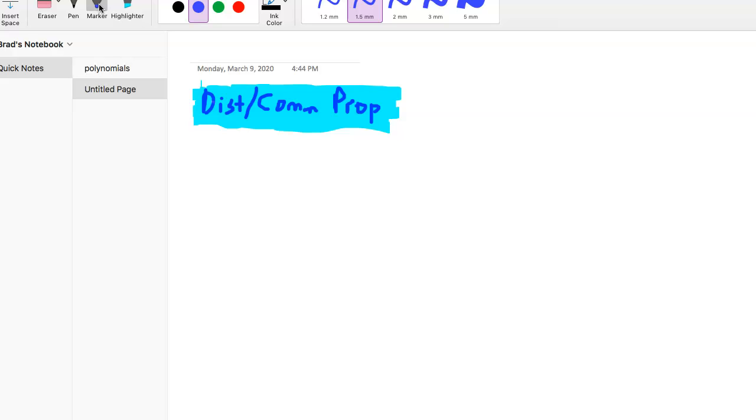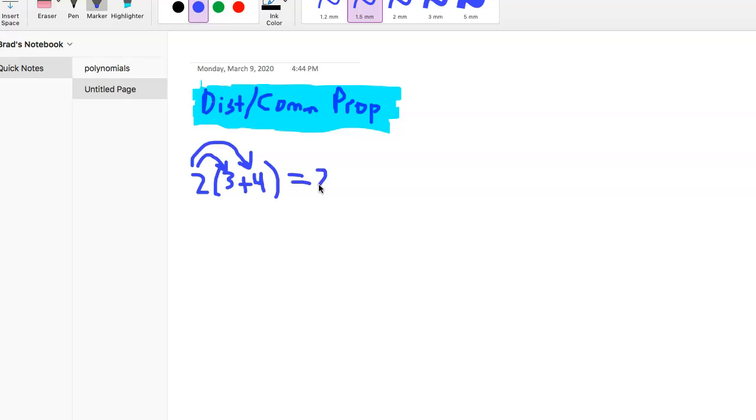Let's see what else we've got to know. Here's another form of distributive: 2 times, let's say, 3 plus 4. When we see something like this, we just have to know that you multiply, or distribute, in a form like that. So what does that look like? 2 times 3 plus 4.